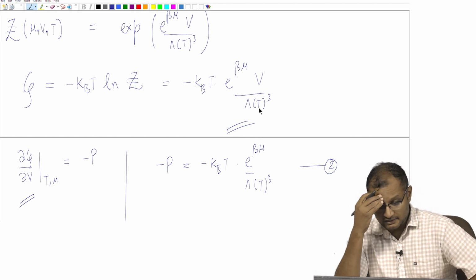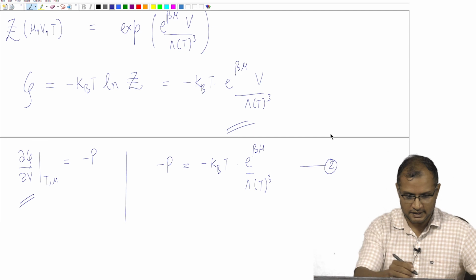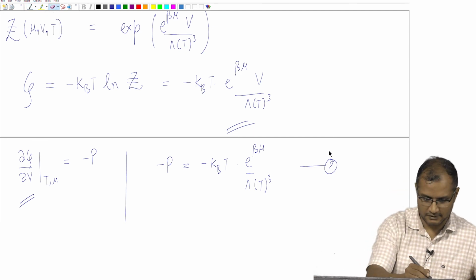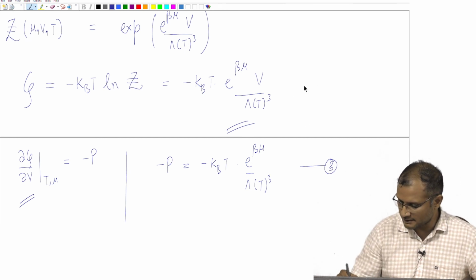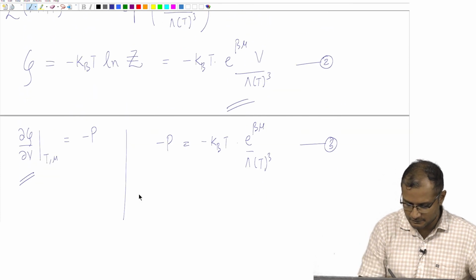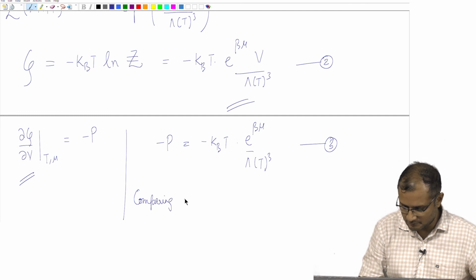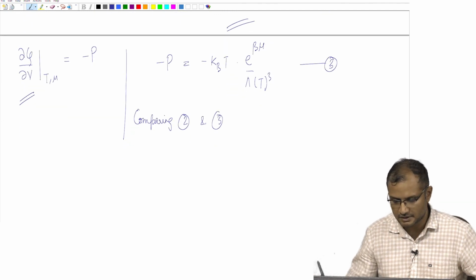So, you can clearly see that if I take the ratio, let me call this equation 3, and call this equation 2. So, from 3 and 2 you get the relationship between pressure, chemical potential and grand potential.